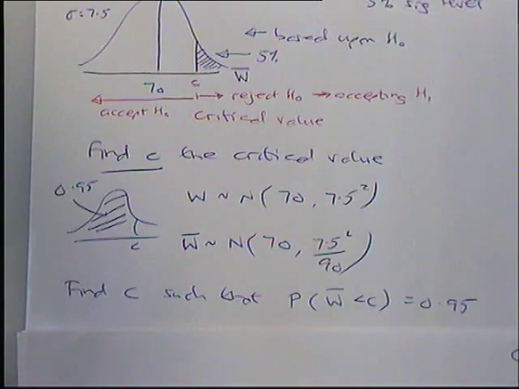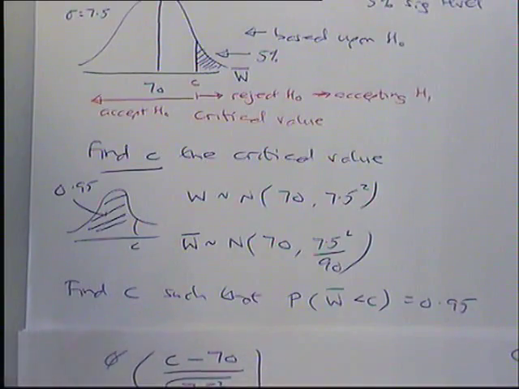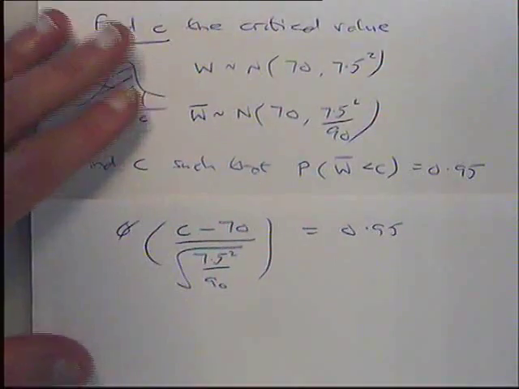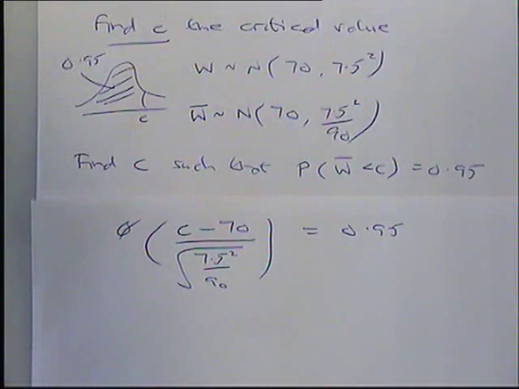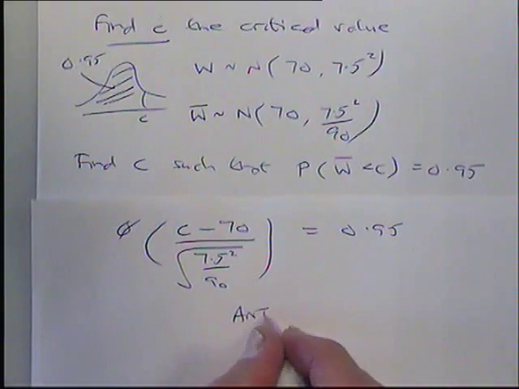I could anti-phi. I'm going to do the phi bit first, but then I will anti-phi. So I'm doing over here phi of C minus the mean over the standard deviation equals 0.95. That's how I do any less than probability. Then, as has been suggested, I will anti-phi.